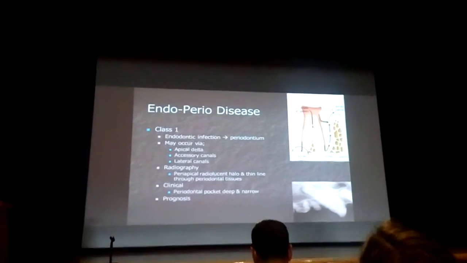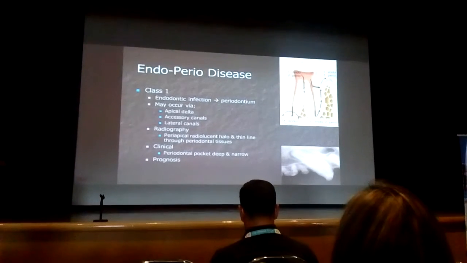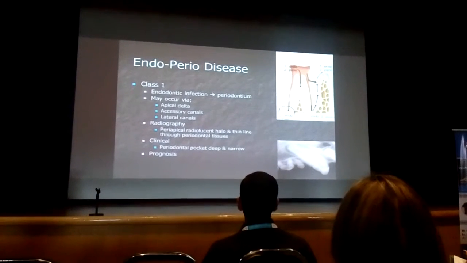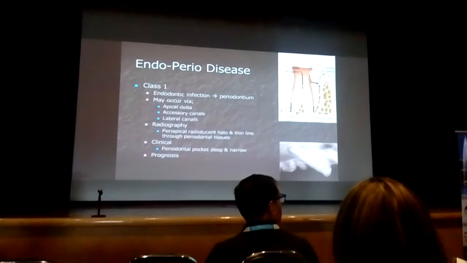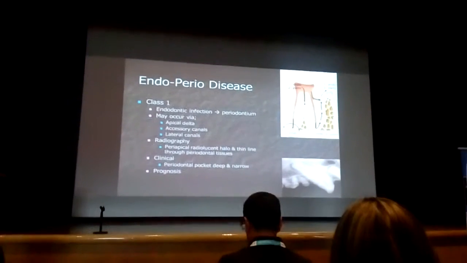Now, how do you know it's an endodontic lesion clinically? Well, you use a periodontal probe. A periodontal probe is to measure the depth of the gingival sulcus to see if there's periodontal disease.